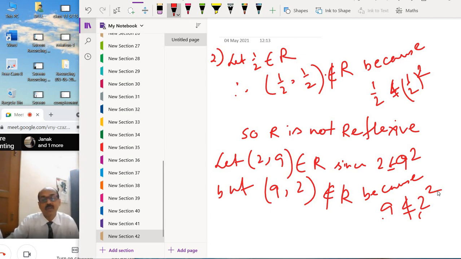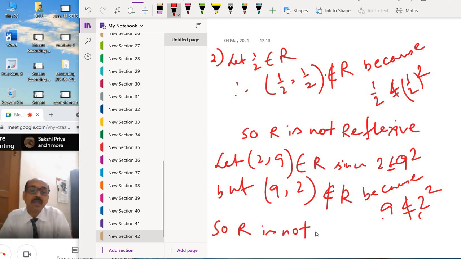So (2, 9) belongs to R is okay, but (9, 2) does not belong to R. So the symmetric relation is not satisfied. So R is not symmetric.